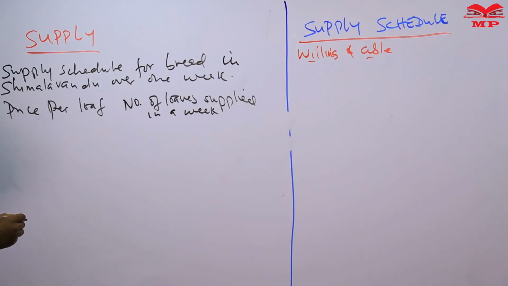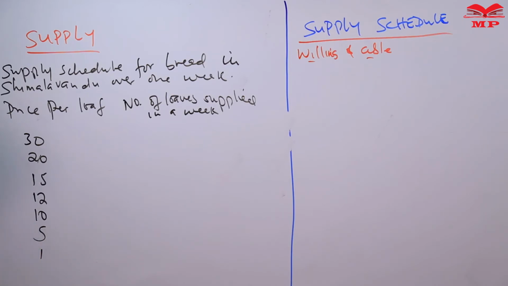So we have prices of 30, 20, 15, 12, 10, 5, and 1 shilling.